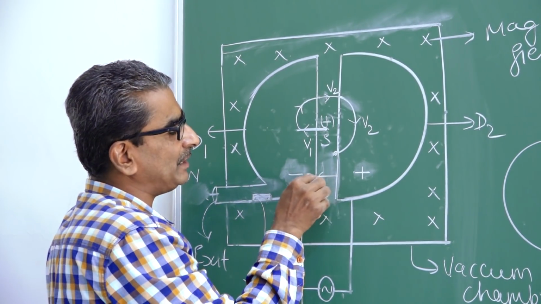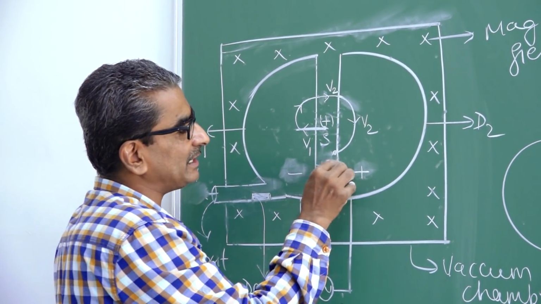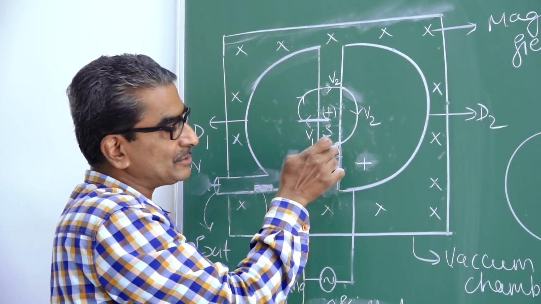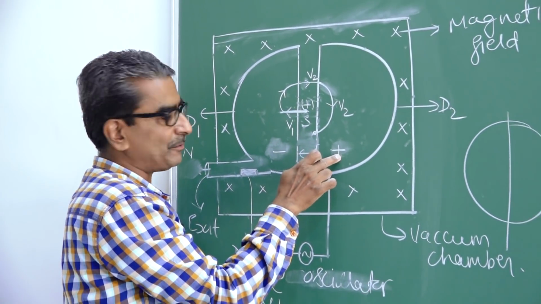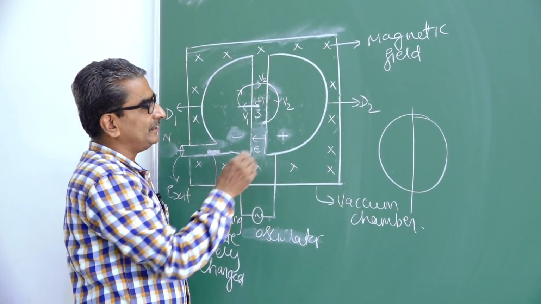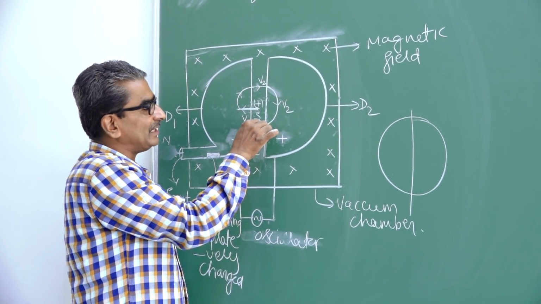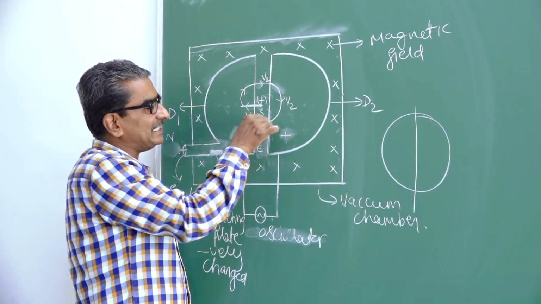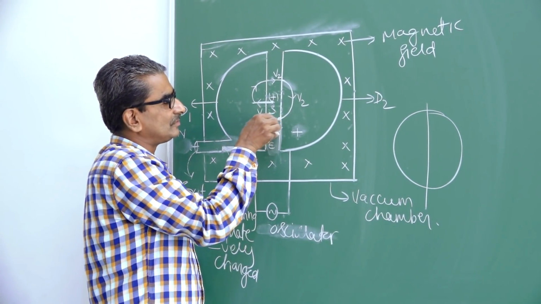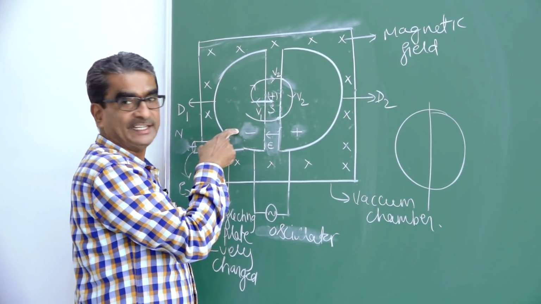The direction of the electric field will be like this. Initially it was like this, from this D to this. Now when it comes to this air gap, this becomes positive, this becomes negative. So this is the direction of the electric field. Now once again its velocity increases and it gets accelerated and enters into D1.